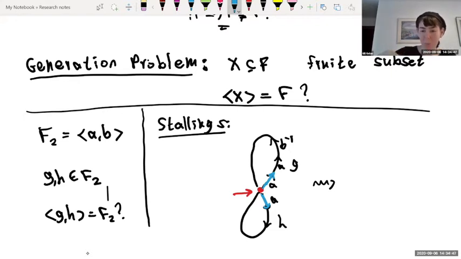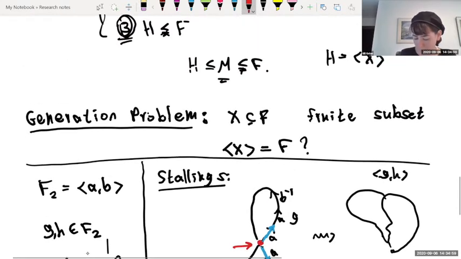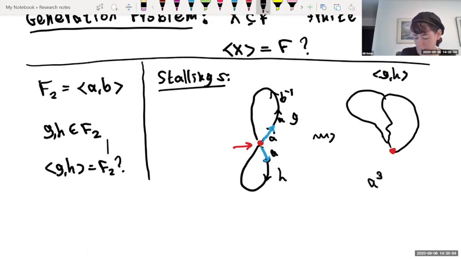Once you apply all possible foldings, you get a new automaton called the Stallings core of the group generated by G and H. What's special about this automaton is that if I give you any reduced word, say A cubed, B inverse A, in the alphabet A, B, and their inverses, then the reduced word is going to be accepted by this automaton. In other words, it is going to be readable on this graph, starting from this vertex and going back to itself, if and only if it belongs to the subgroup generated by G and H.